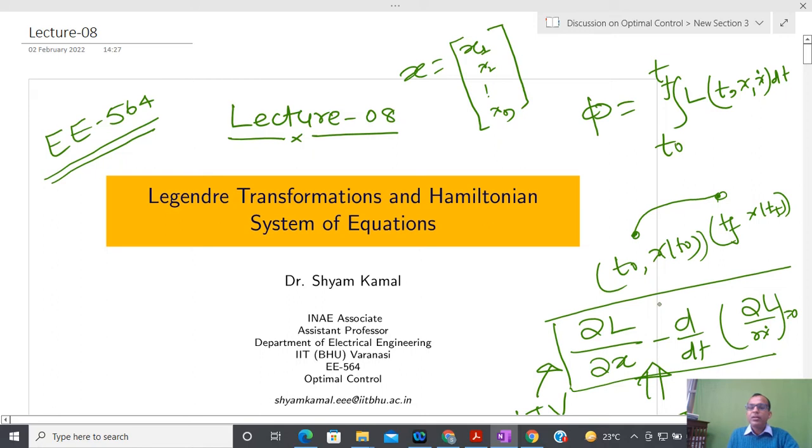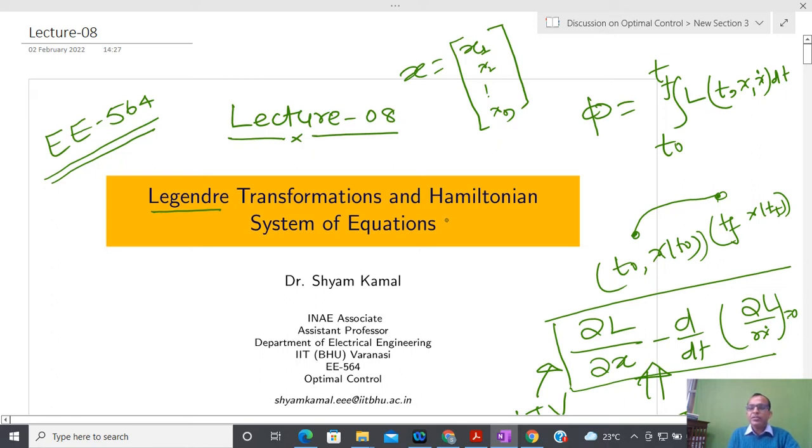Now using this transformation, that is the Legendre transformation, it is possible to show that a first order set of differential equations comes into the picture, and that is physically more consistent.